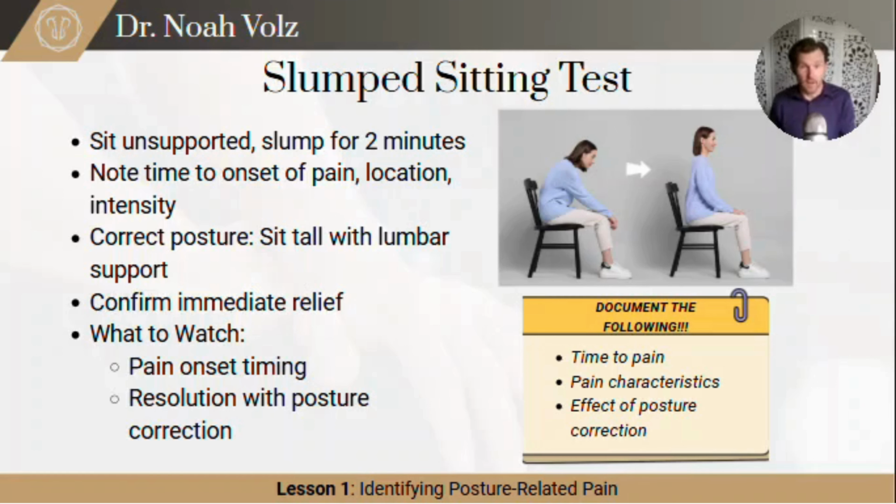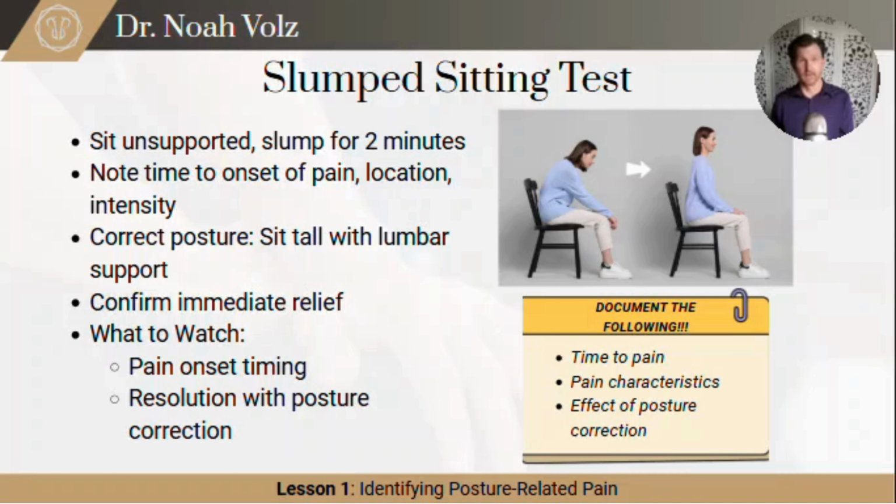And then correct your posture. Sit up nice and tall, nice and straight. You may even want to put a pillow or a lumbar support on your low back as you sit up. And notice how that discomfort changes. Is there immediate relief? Is there some relief? If so, then it's likely you have posture-related pain, and this course is going to be perfect for you.